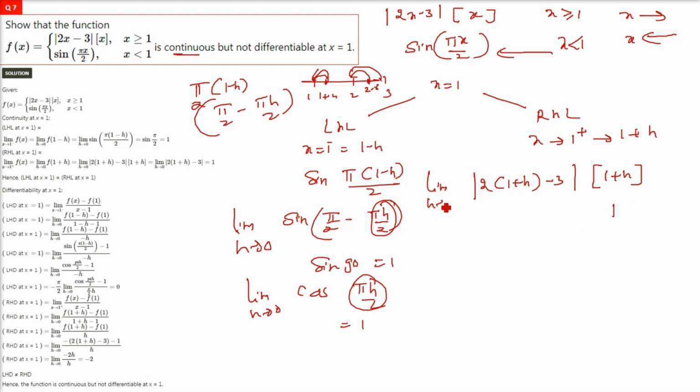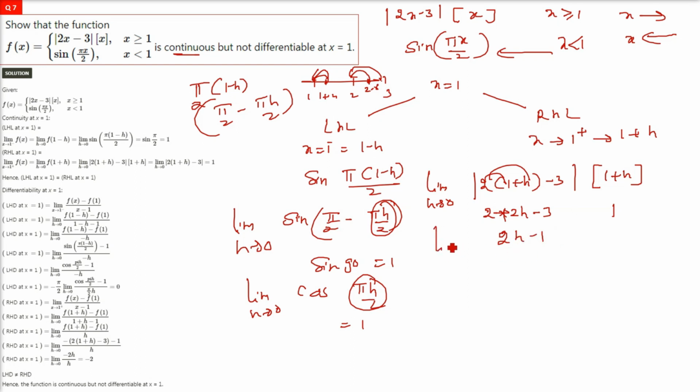How about the modulus as h tends to 0? I hope you got the idea. You are greater than 1, using just 1 plus h, a very small value added to 1. So I'm just opening it: 2 into 2h minus 3.